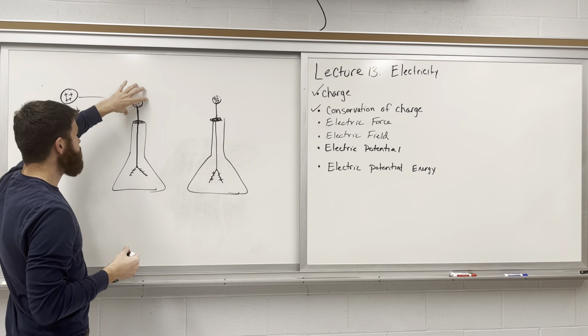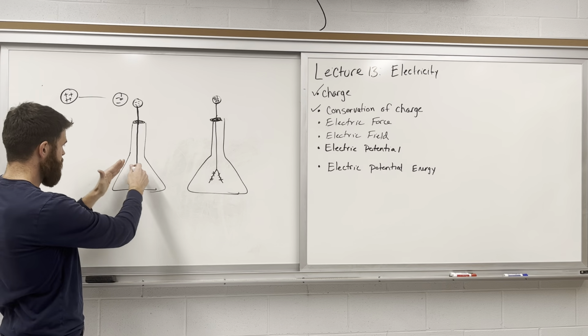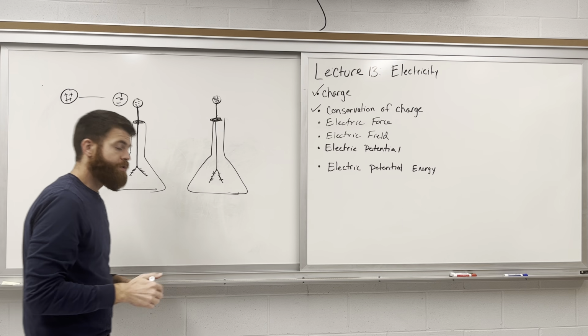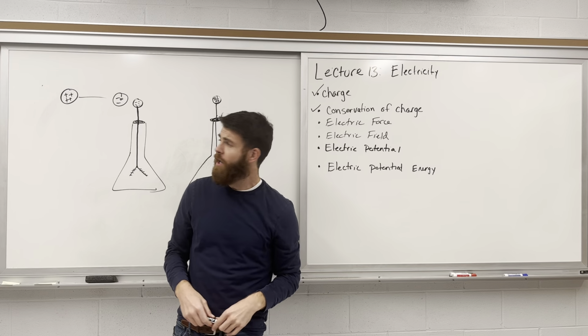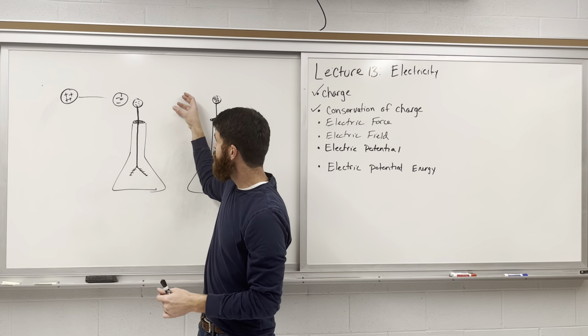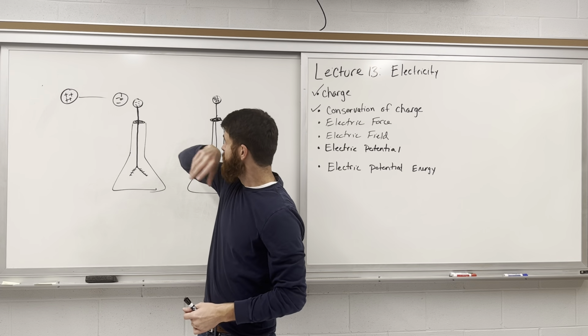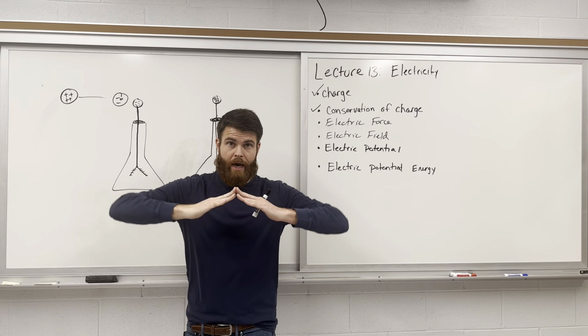So if you have a negatively charged electroscope and you bring a negatively charged object near it, the pieces of foil will spread out. With a charged electroscope, if you know its charge, you can tell the charge of another object by bringing it near. If it's the same charge, the pieces of foil will get wider.